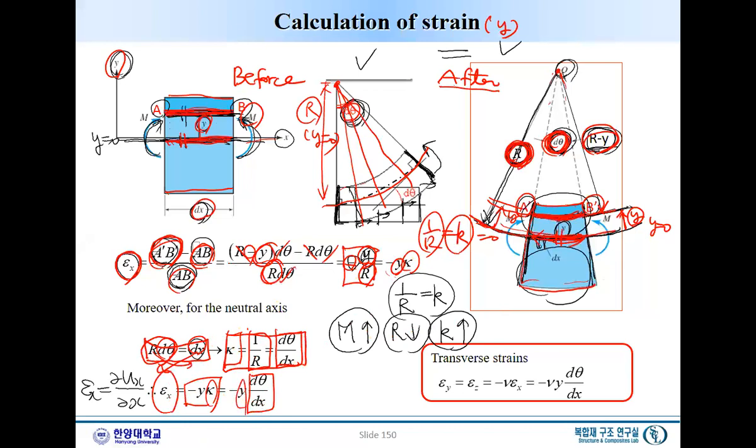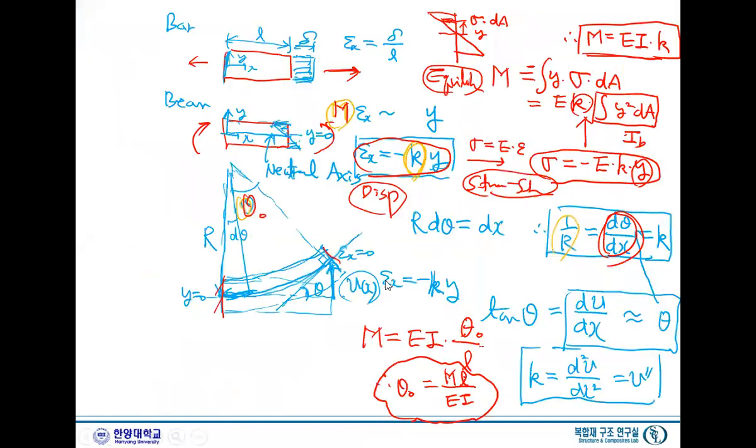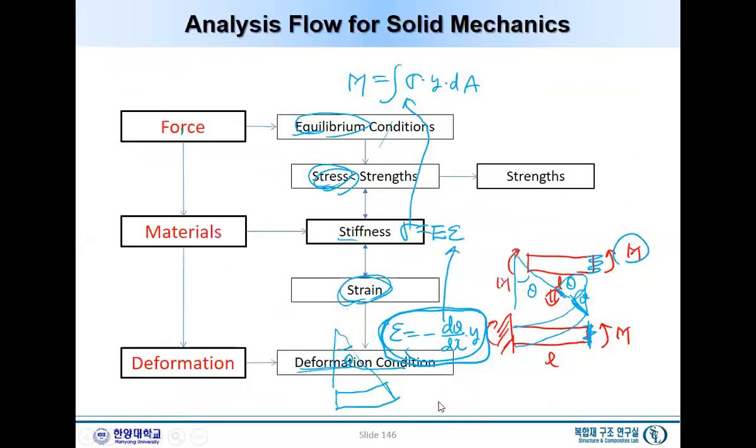Okay? So in chapter 10, this is the most important observation: minus epsilon x is d theta dx times y. That is what we derive from this simple deformation observation. See, this is the theta angle, and that is the theta, and the center line has r and r.